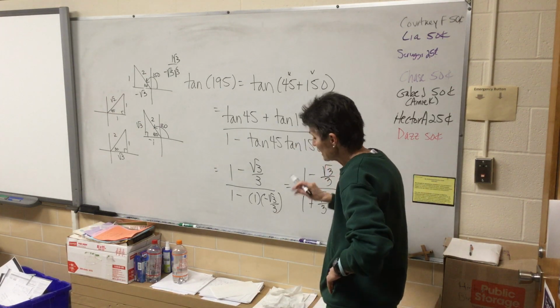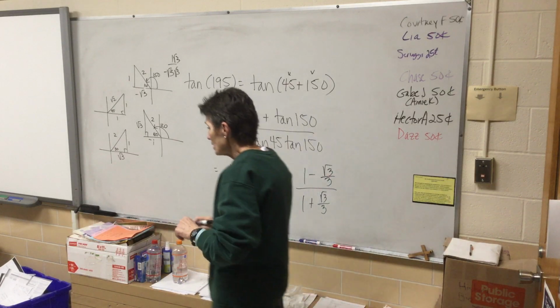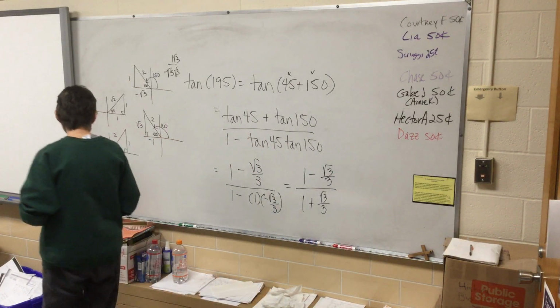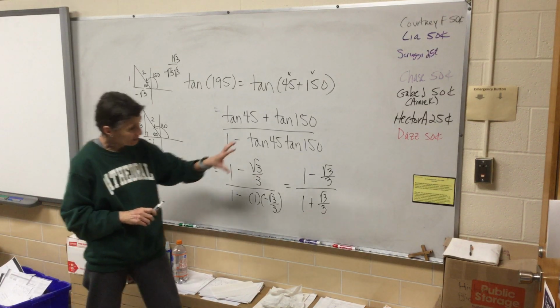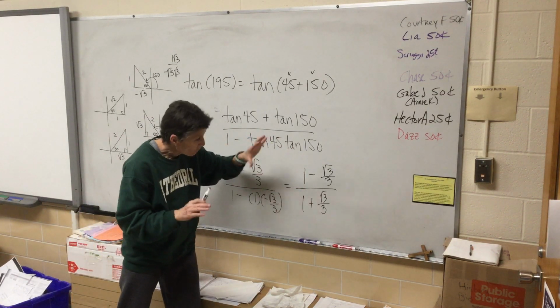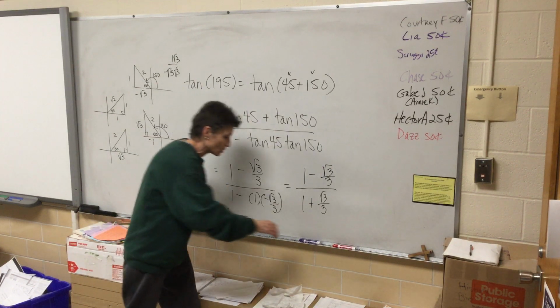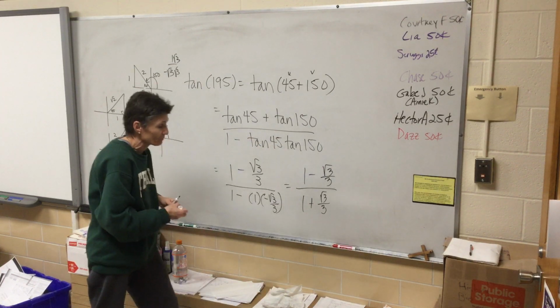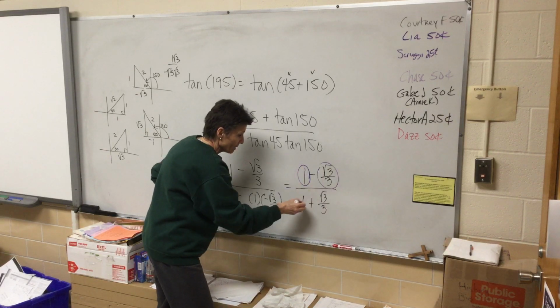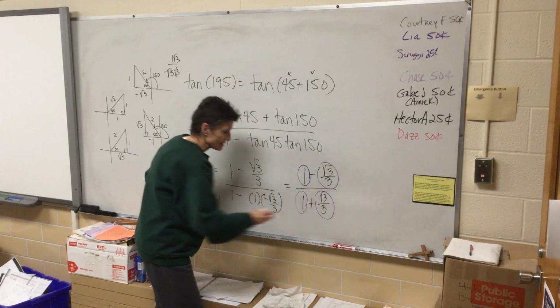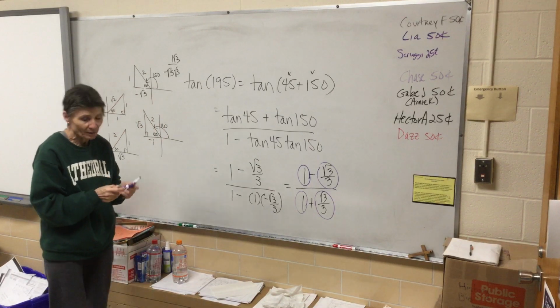So nothing cancels. We sort of have the same mess we had a while ago, though, with these fractions within a bigger fraction. This is called a complex fraction. What is the common denominator of each piece of that big complex fraction?